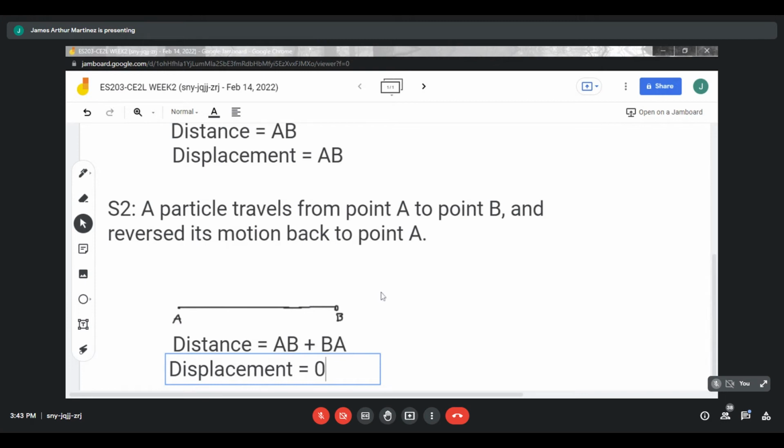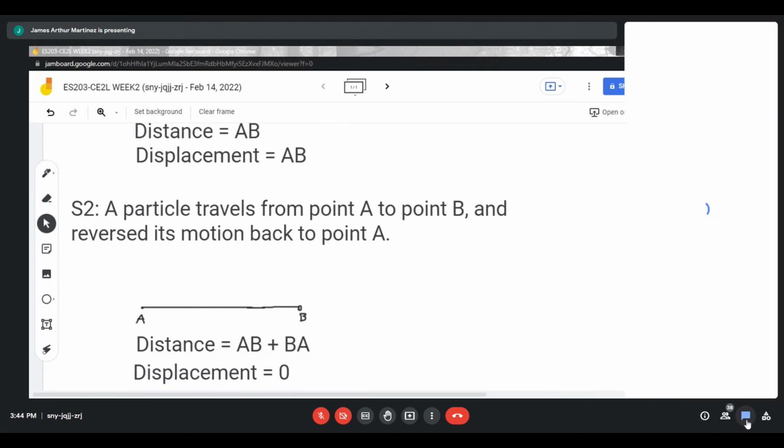Since the particle traveled from point A to point B, then returned to point A, the final position is at point A, and the initial position is also point A, which means the displacement is 0. But the distance traveled has a value. Here we can see the difference between distance and displacement.